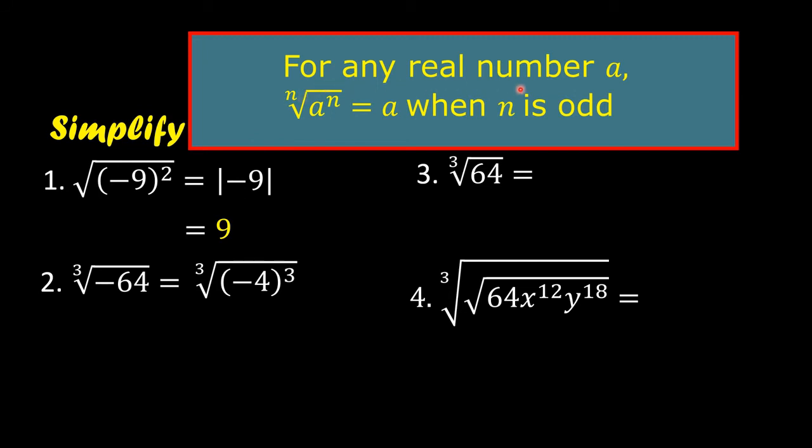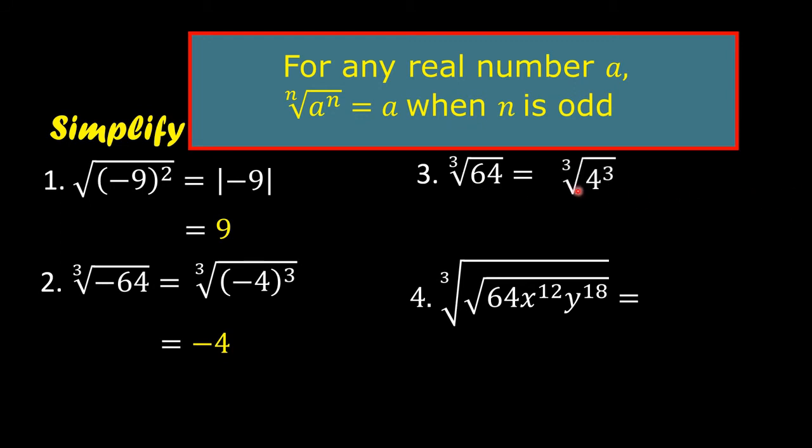For any real number a, the nth root of a raised to n is equal to a when n is odd. The index 3 is an odd number. So the answer is negative 4.